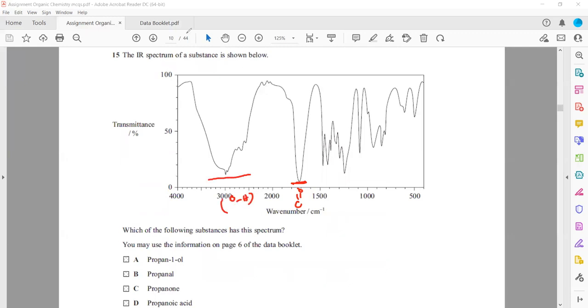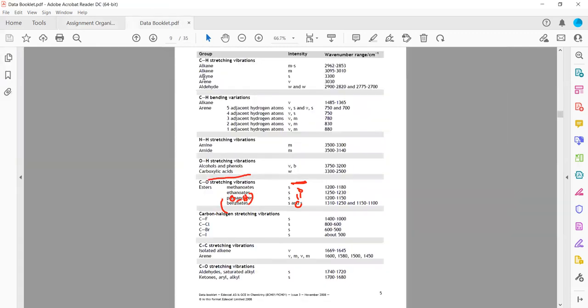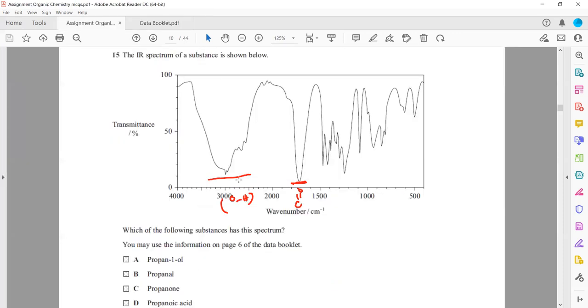For an aldehyde carbonyl group, C double bonded with O stretching is about 1700 to 1720, ketones, aryl, alkyl. And because of the carboxylic acid, you should have 3300 to 2500. So one is due to OH, one is due to C double bonded with O.